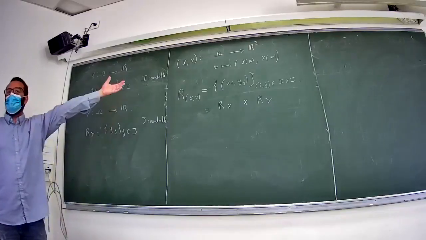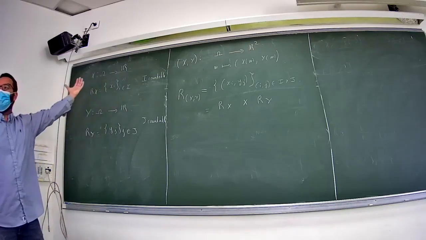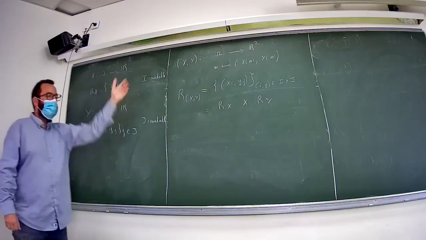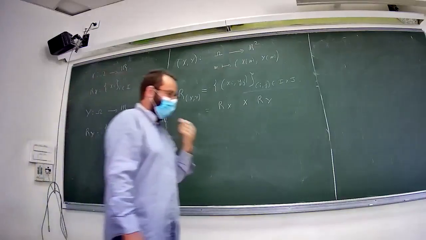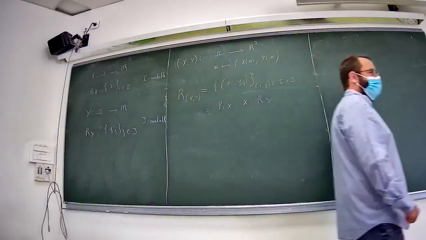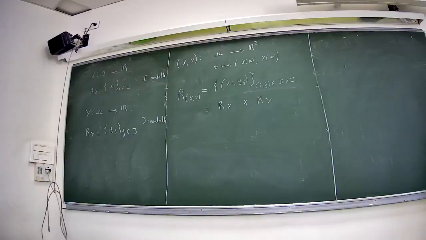So I have a new random variable starting from my two discrete ones. What can I say about this one? If capital X and capital Y are discrete, what can I say about this? It is also discrete because, okay, when you do the product of countable sets, you obtain something that is countable.